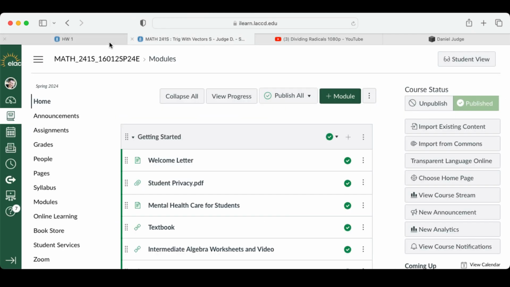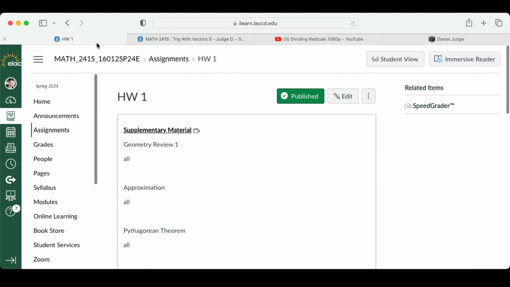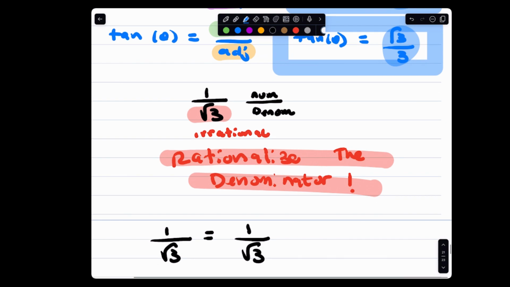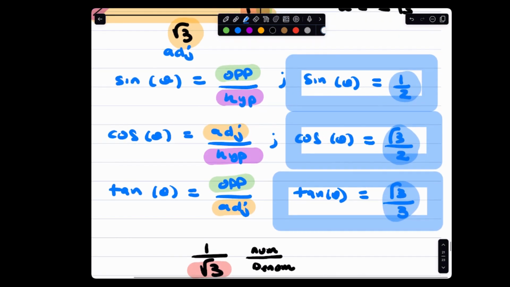Okay, rationalizing the denominator. And there you go. And so now, ladies and gentlemen, you can watch those kind of things here. So you do have that information.